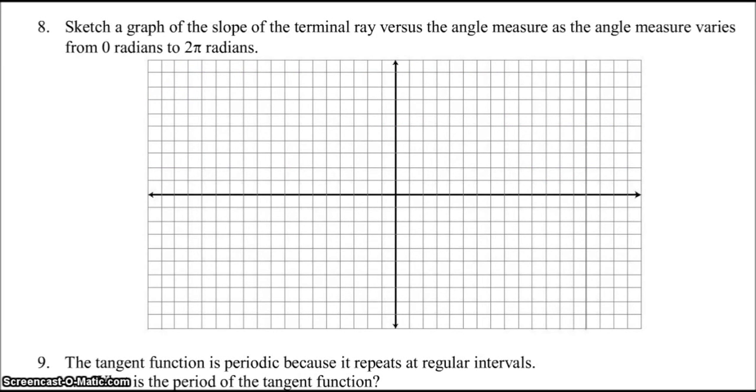Sketch a graph of the slope of the terminal ray versus the angle measure. So that means that our angle measure theta is this axis, and the slope of the terminal ray is this axis, as the angle measure varies from 0 radians to 2 pi radians.